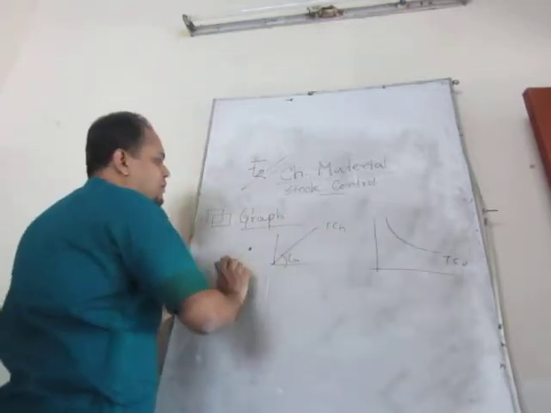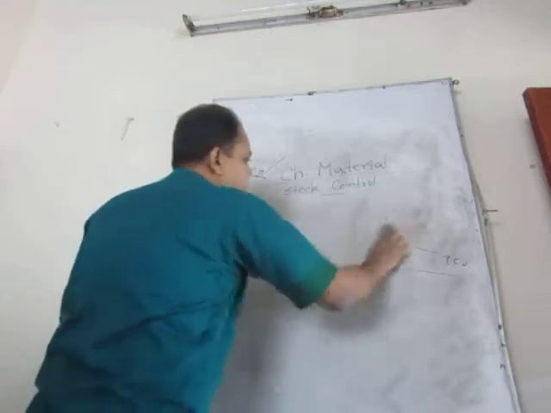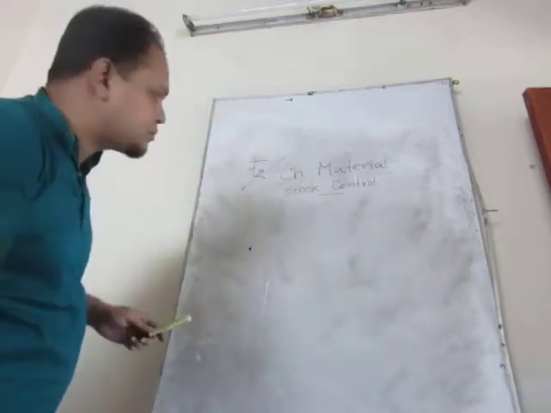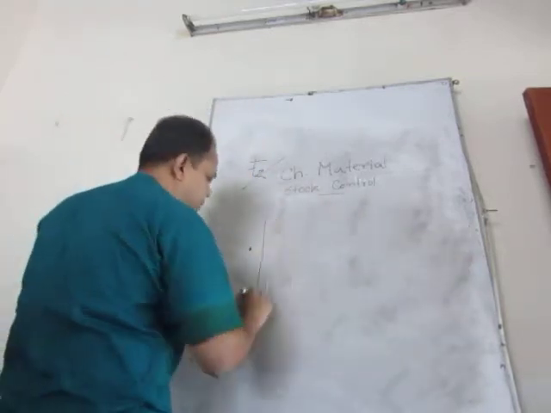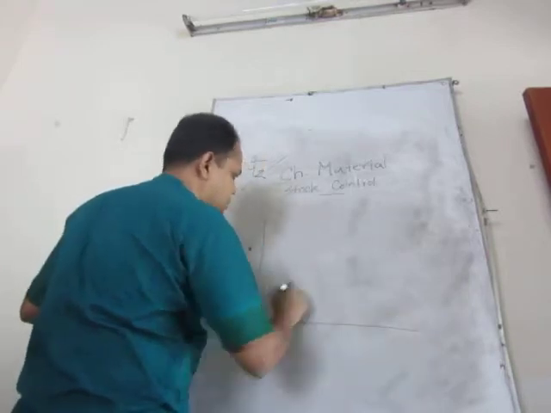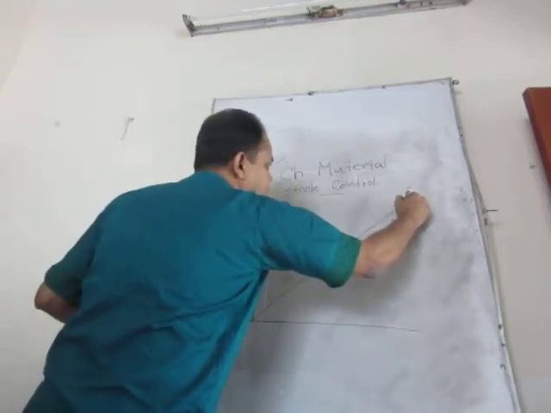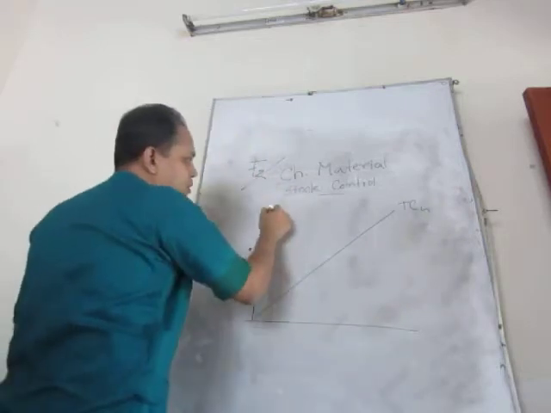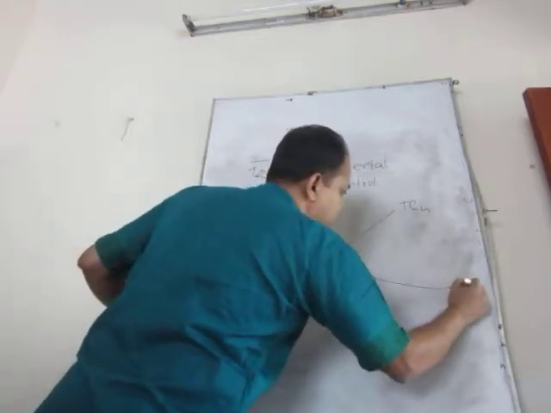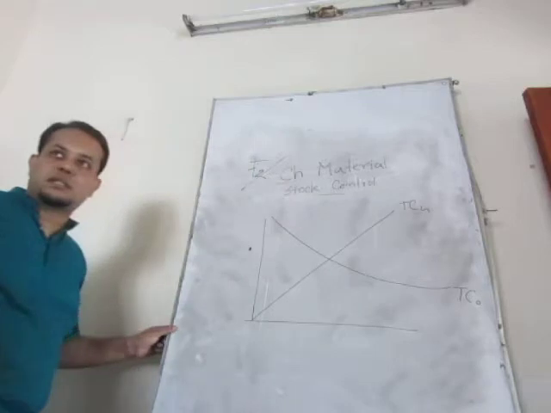If you add these two graphs, the graph will be just like this one. This is your TCH, this will be your TCO.